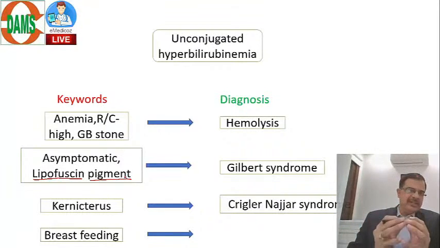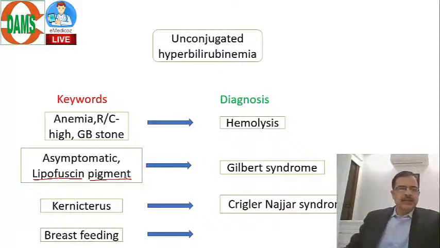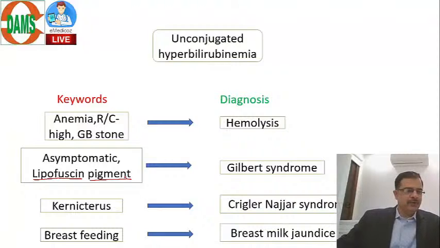If this UGT enzyme is suppressed by fatty acids in the breast milk, the baby will develop unconjugated high bilirubin levels. So if breastfeeding history is given, then we will go for breast milk jaundice. So this is unconjugated hyperbilirubinemia with the important keywords to make a diagnosis.